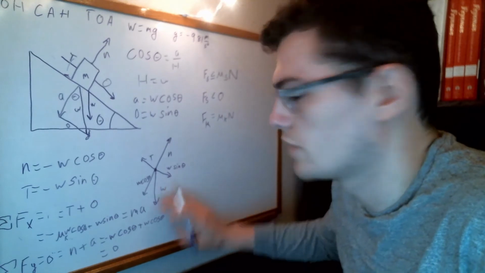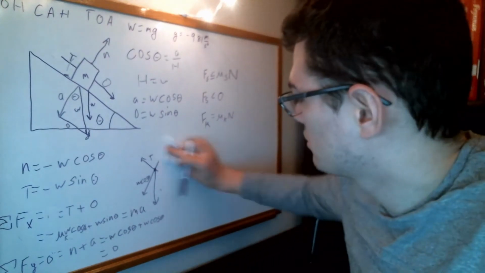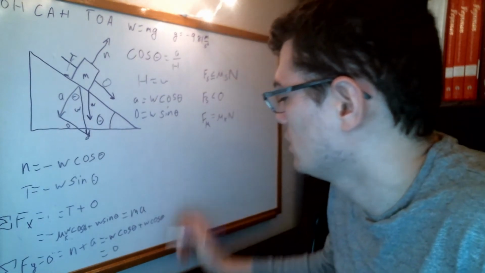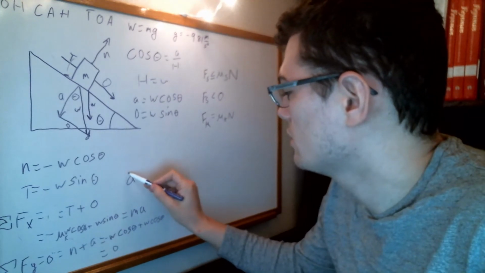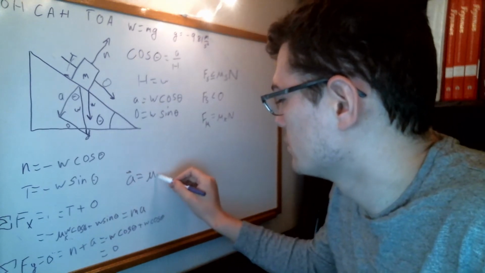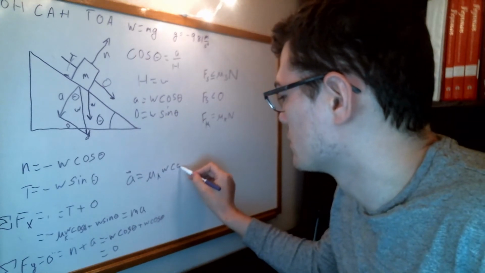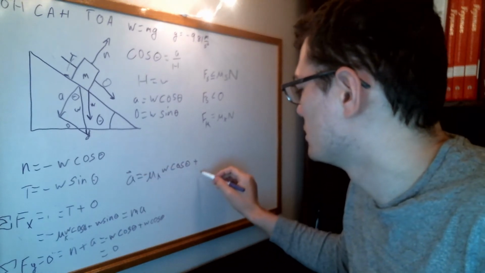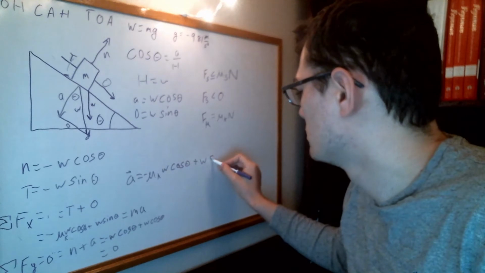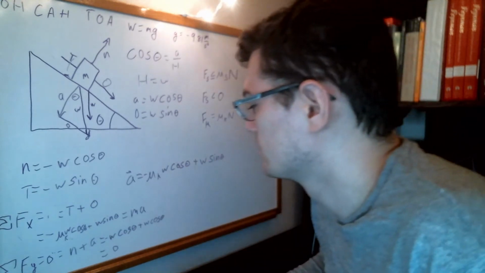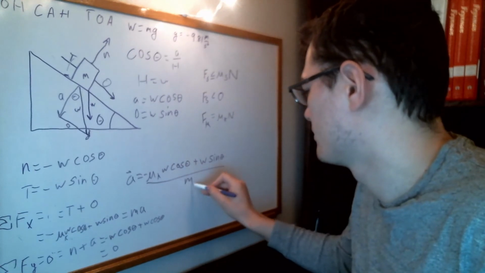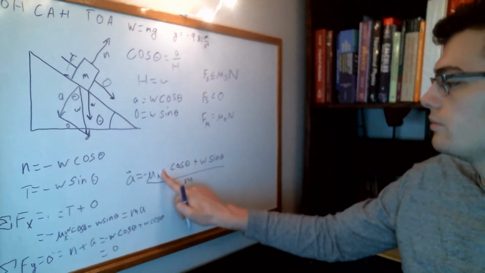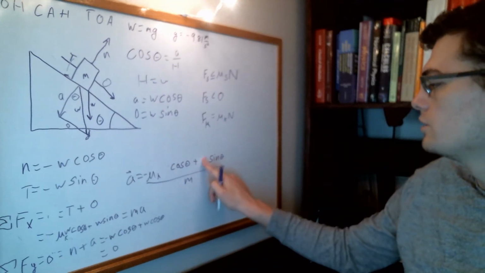And so then when we add these up, we can solve for the acceleration of the block on the ramp, and now we can say that a is going to be equal to negative mu_k W cosine theta plus W sine theta, all over m, which now we can decompose W into m and g.